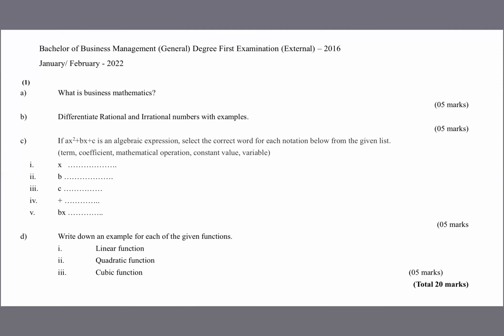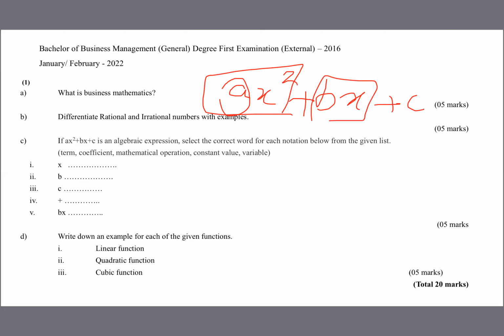So what is our given expression? ax squared plus bx plus c. You can see here this a is the coefficient of the x squared term. And this is also a term, this is also a term, this is also a term.